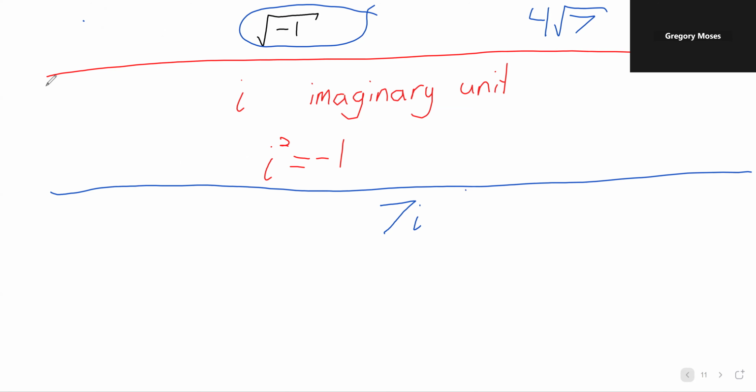And because this is formed using the so-called imaginary unit, we call this number imaginary.